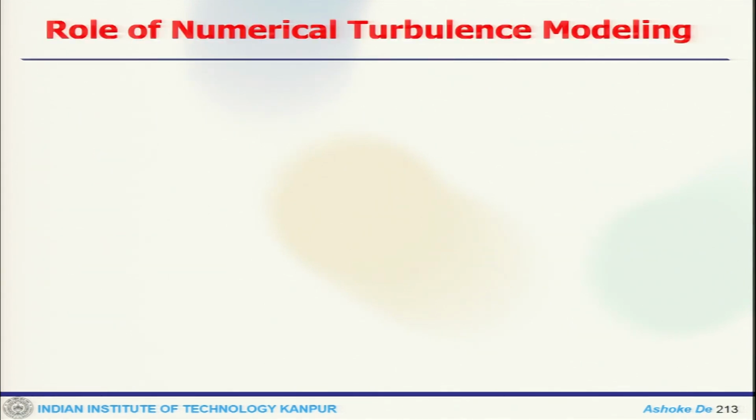Now, what is the role of numerical modeling? It essentially requires an understanding of turbulence and the ability to predict turbulence for any given application. For example, one can increase turbulence for chemical mixing or heat transfer when fluids have dissimilar properties.